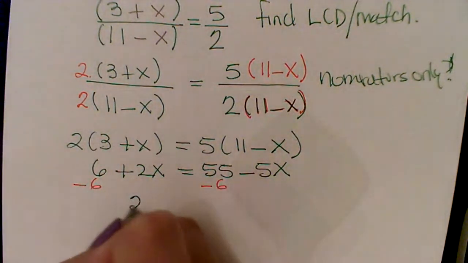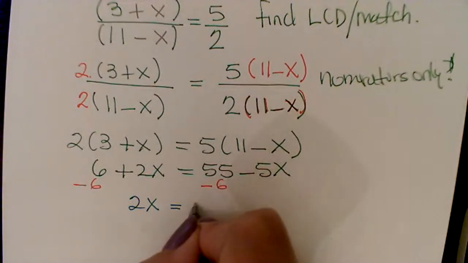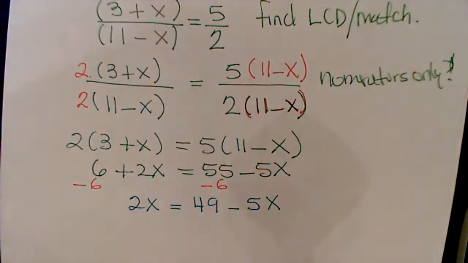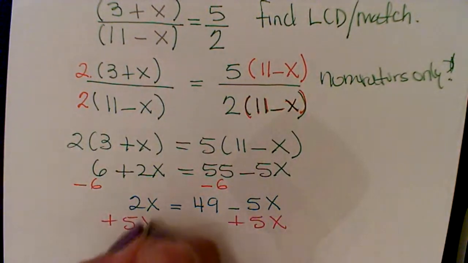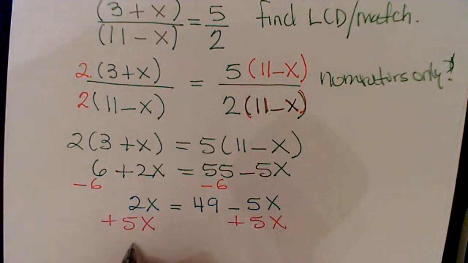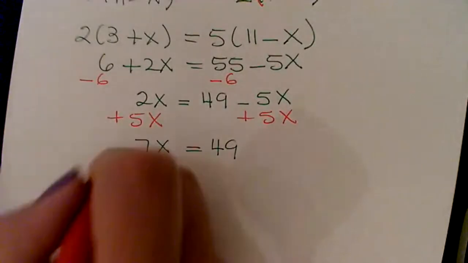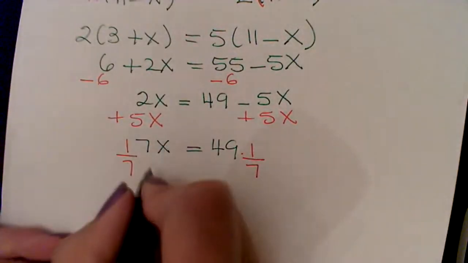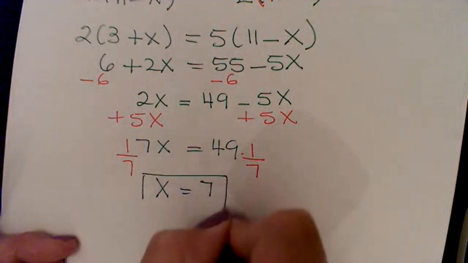So what do we have? We have 2x equals 55 minus 6, which is 49. And now I'm going to make a 0 by dividing. X is equal to 7.